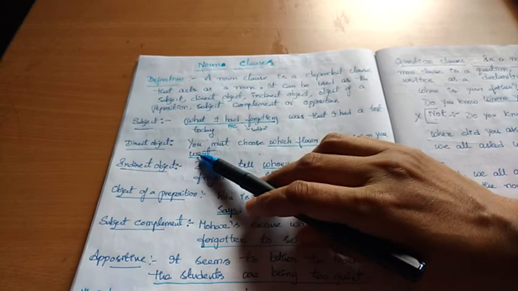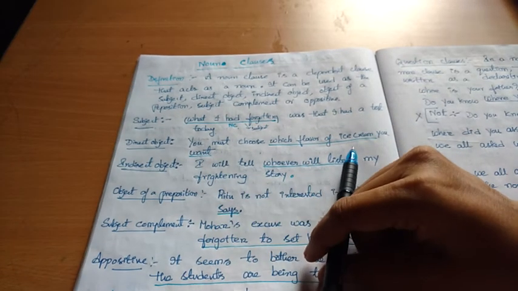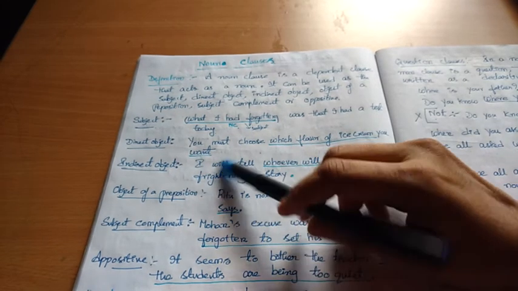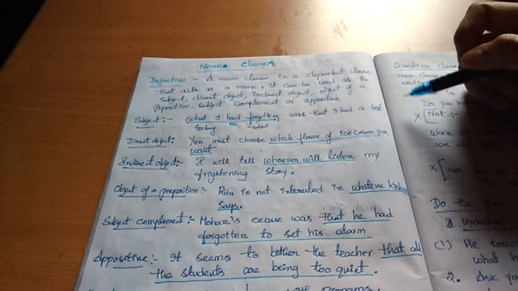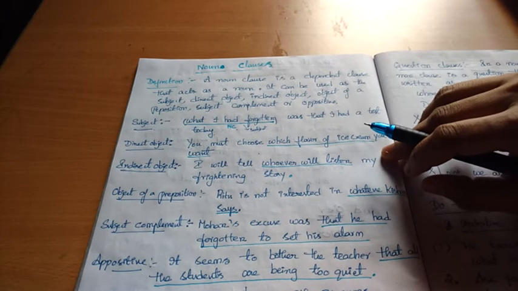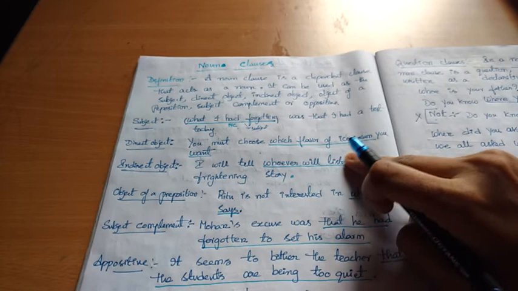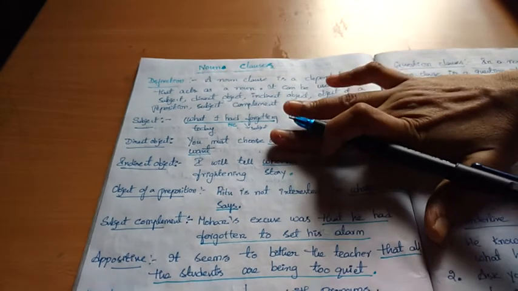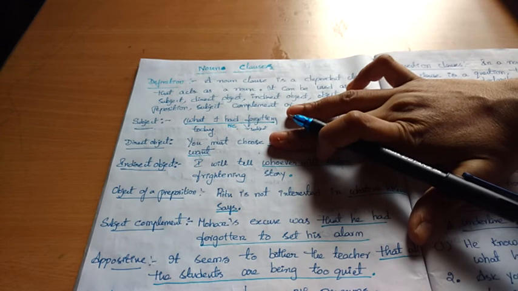Here also see the direct object. You must choose which flavor of ice cream you want. You must choose, here is one clause, the main clause. After that we are giving a little more description. What is the object here? Which flavor of ice cream you want. Imagine it is not there: you must choose an ice cream. Then that ice cream is the direct object.